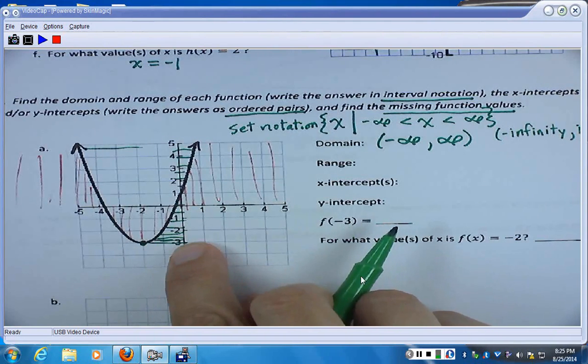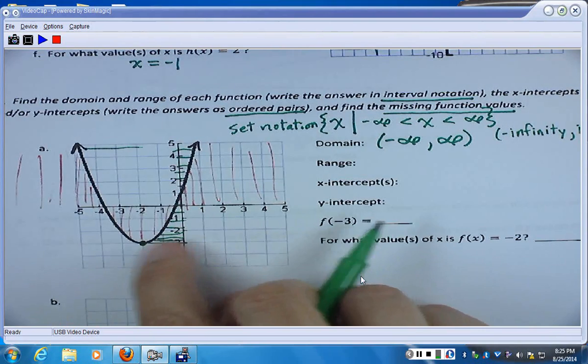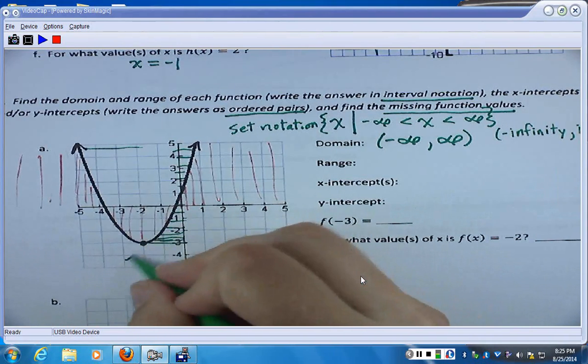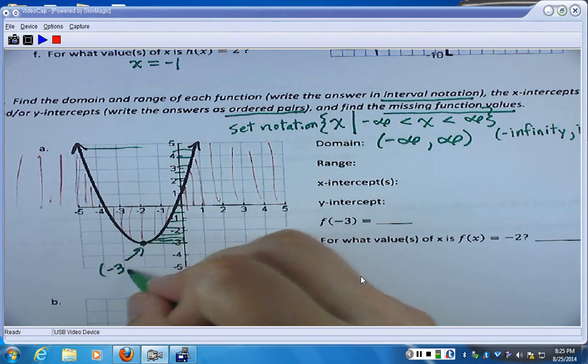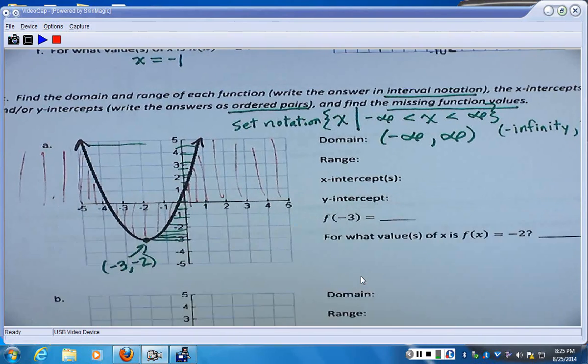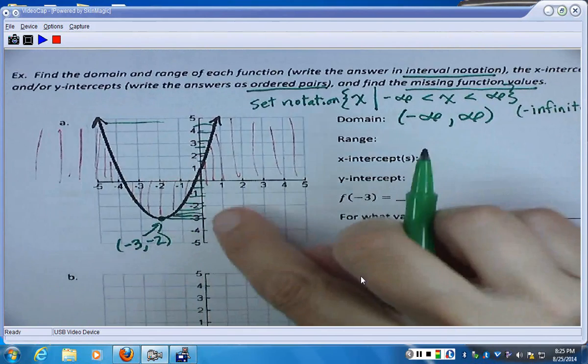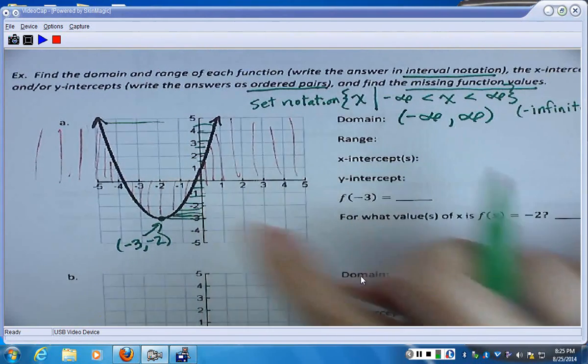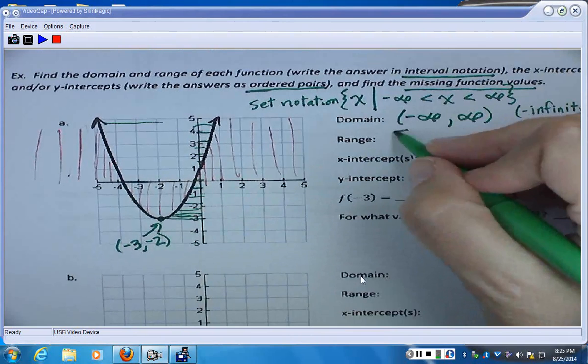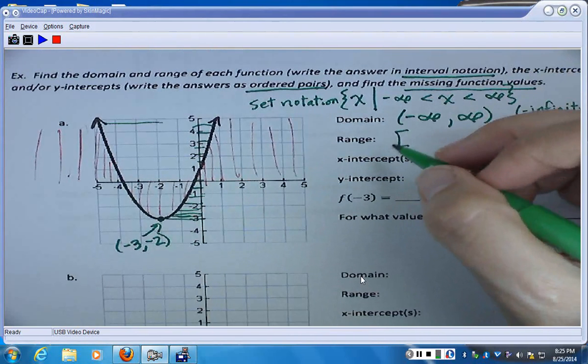This is the vertex, minus 3, negative 2. So the range is minus 3, and it includes the minus 3, so we use a square bracket.